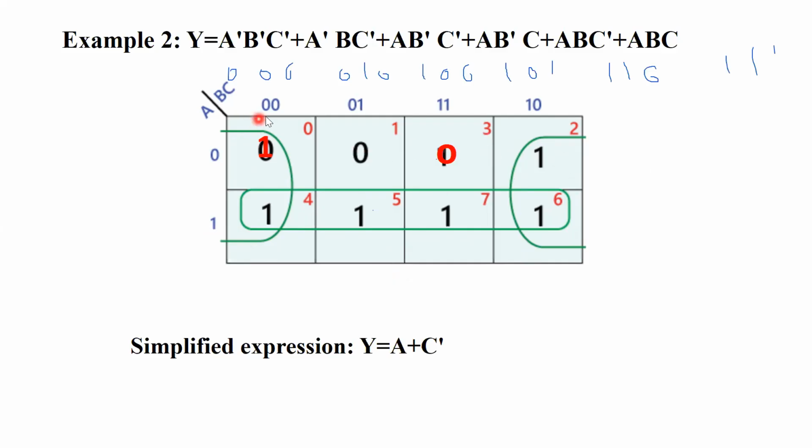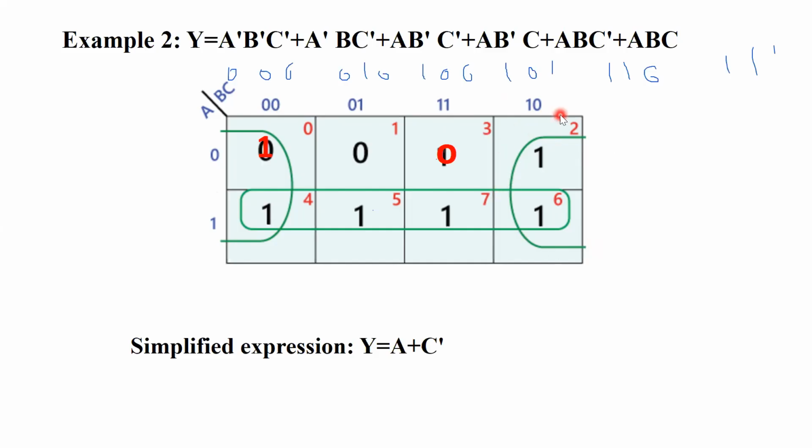Now see, the value of B is 0 over here and 1 over here, so B is also changing. But what happens to C? The value of C is 0 over here and 0 over here. A is changing from 0 to 1, B is changing from 0 to 1, but only the value of C remains the same, that is 0.